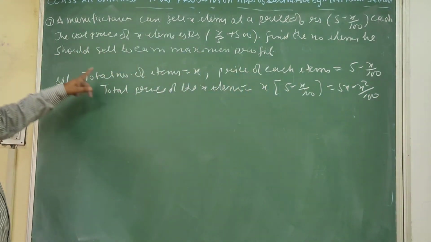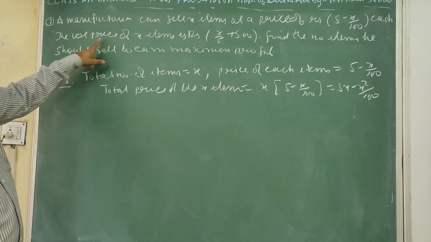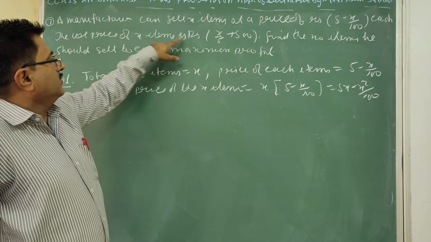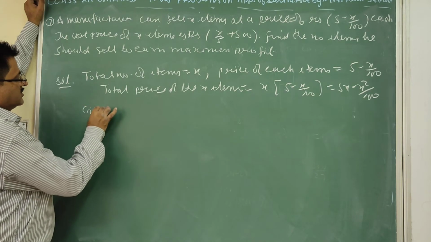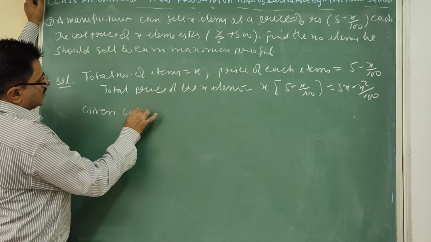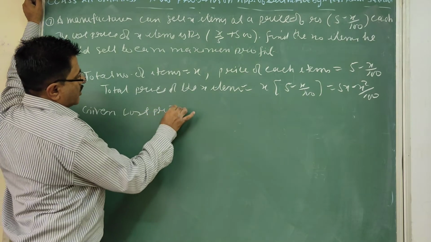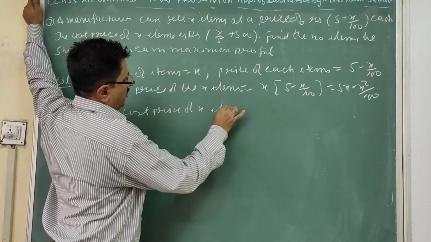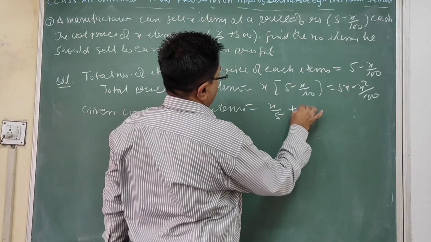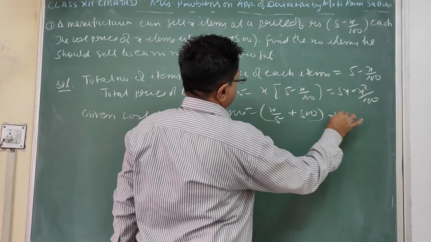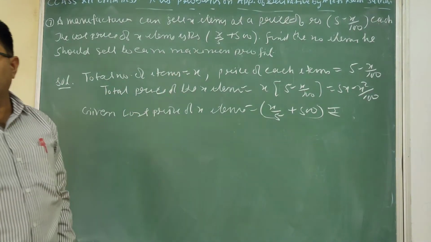Now the cost price of x items is also given. That is x by 5 plus 500. This is given in rupees. Clear?